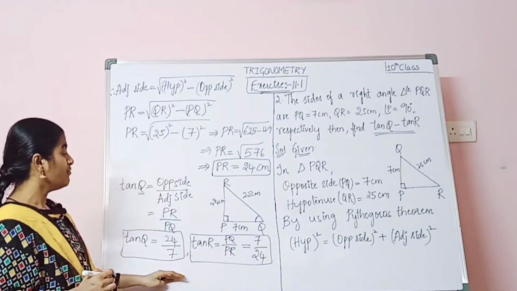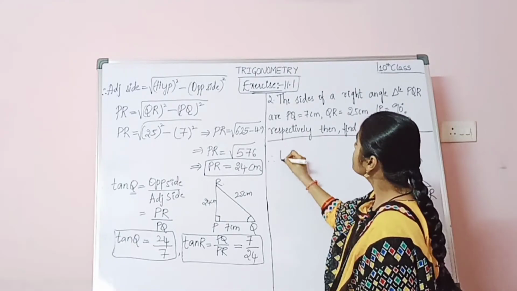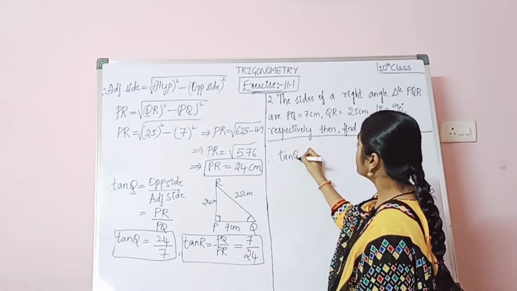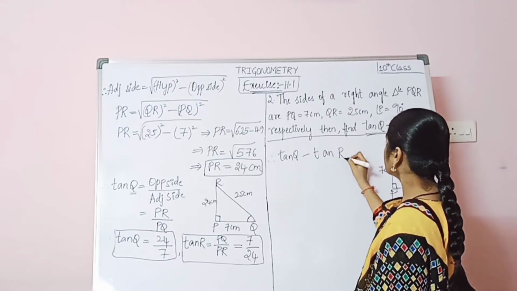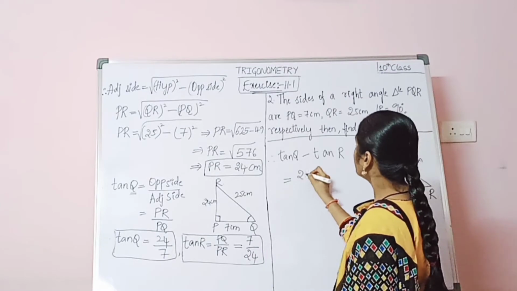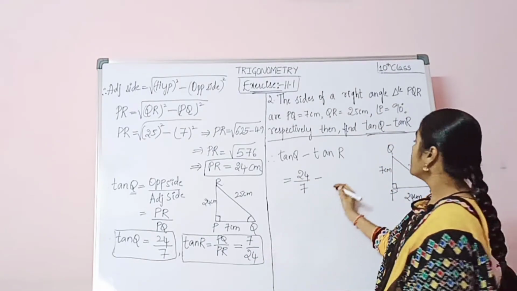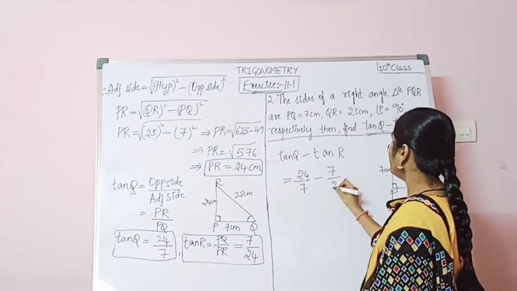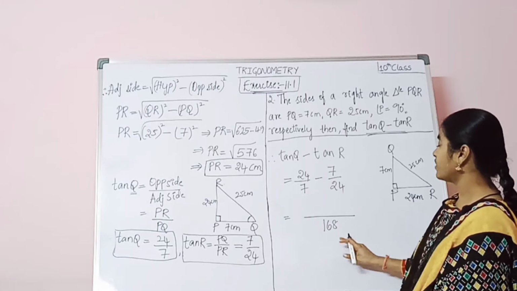Now what we have to do? We have to subtract: tan Q minus tan R. Therefore tan Q minus tan R equals, tan Q is 24 by 7 minus tan R, 7 by 24. Now we have to take the LCM, which is 168.